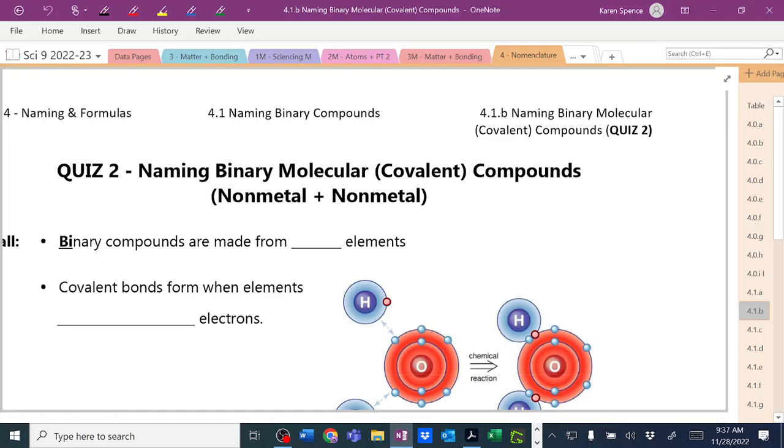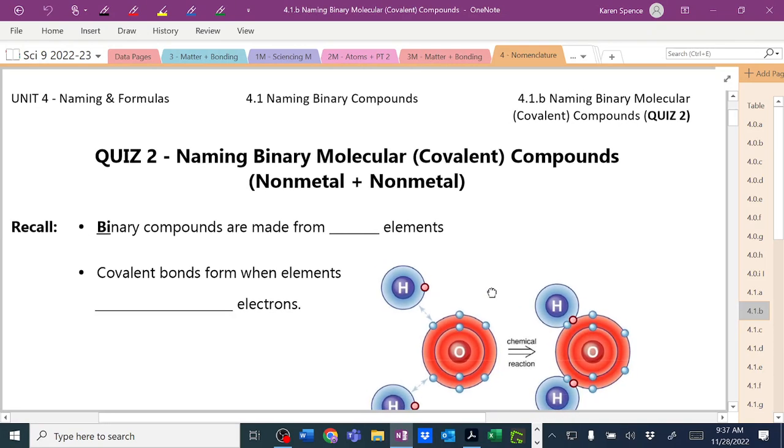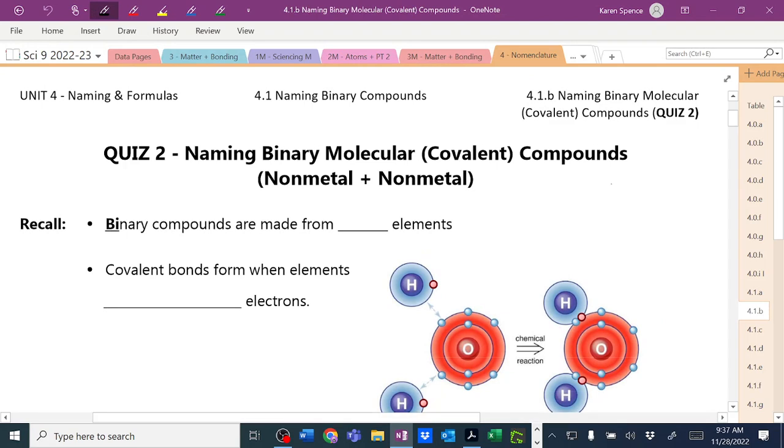If you're writing quiz 2, just turn it upside down for a few minutes, just to make sure you have all the little picky details with this that I want you to know. So this is page 12.